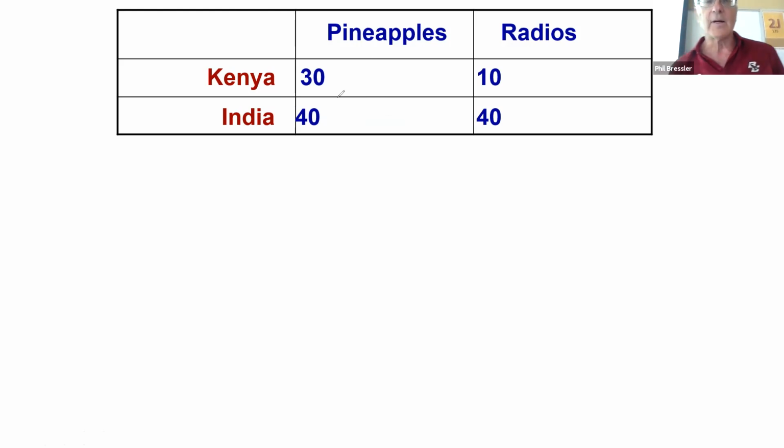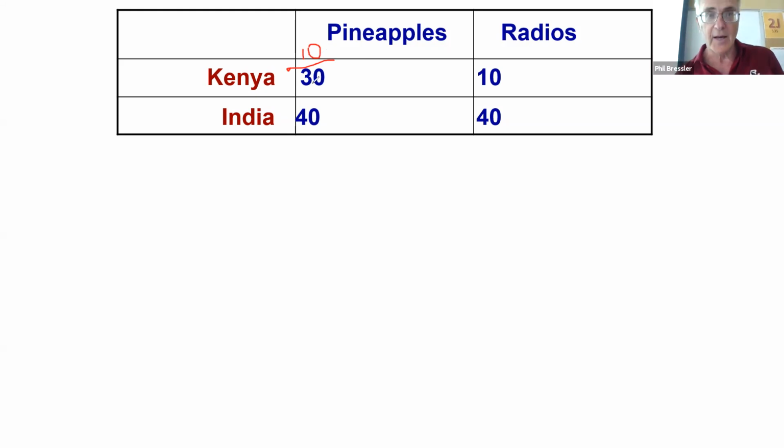So who has the comparative advantage in pineapples? I'm going to use ooh. The other product for Kenya is radios, which is 10, and it says other over ooh. That's 10 over 30. And all that's saying is for every pineapple Kenya makes, they could be making 1/3 radio.